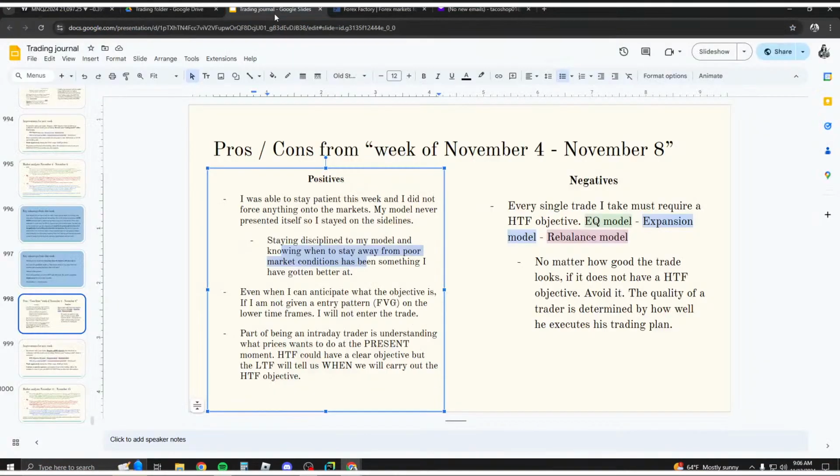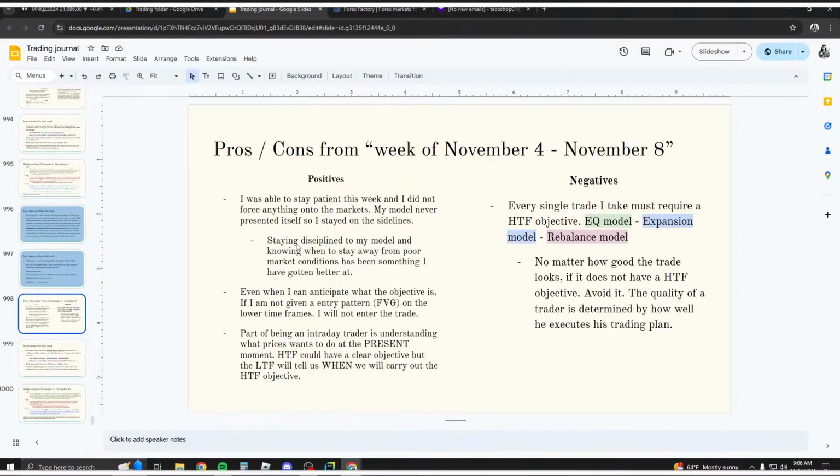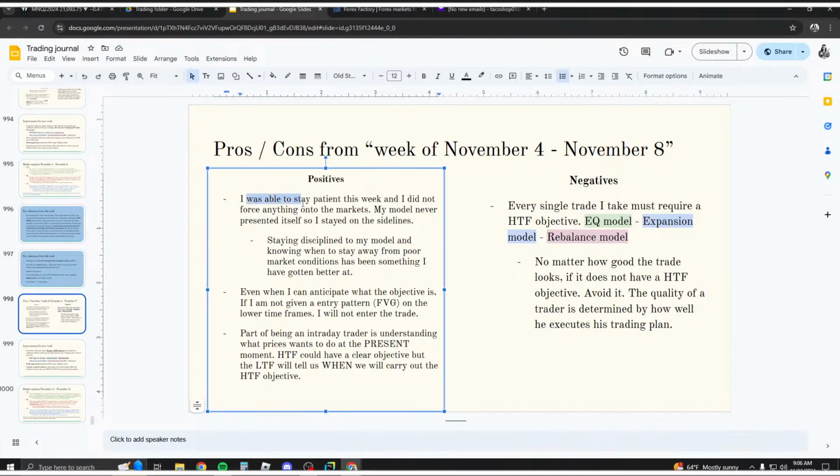So the first positive was, like I said, being patient and staying disciplined to your model. If your model doesn't present itself, or your entry pattern doesn't, then you don't take it.